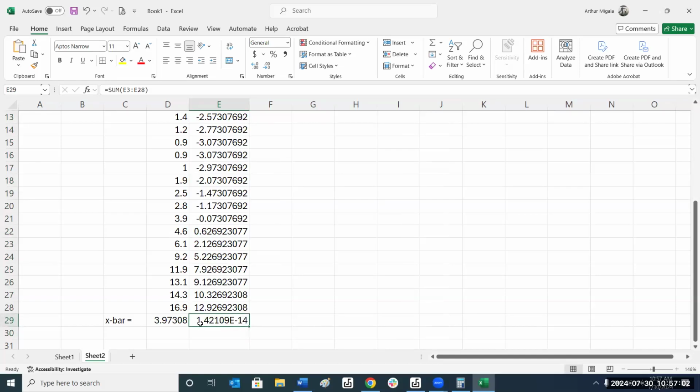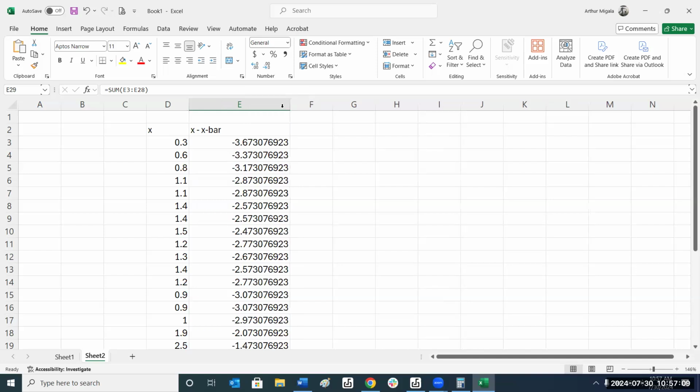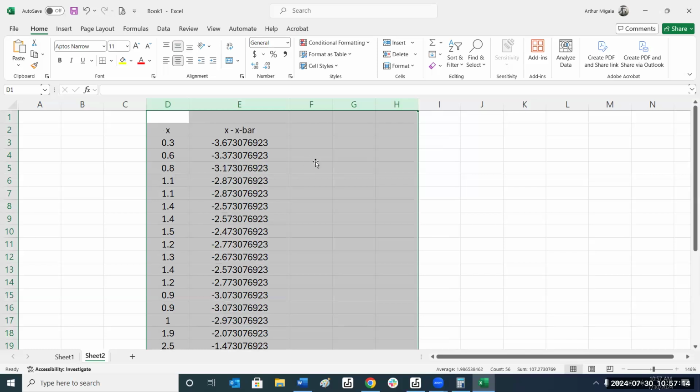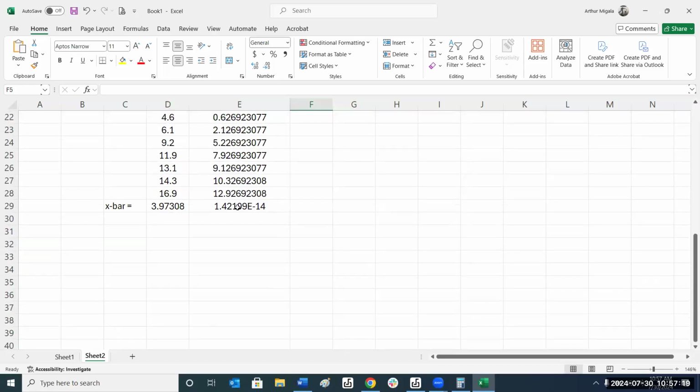Remember I said if you add up all these X minus X bars, what should they equal? This should equal 0. This number says 1.42 times 10 to the negative 14, so move the decimal place 14 to the left: 0.00000000000001421. So this is pretty close to 0.